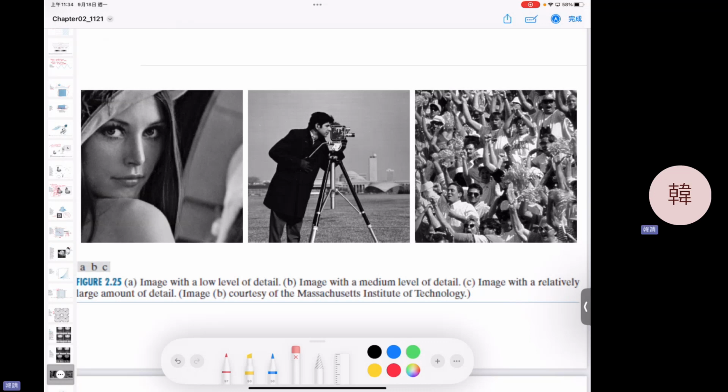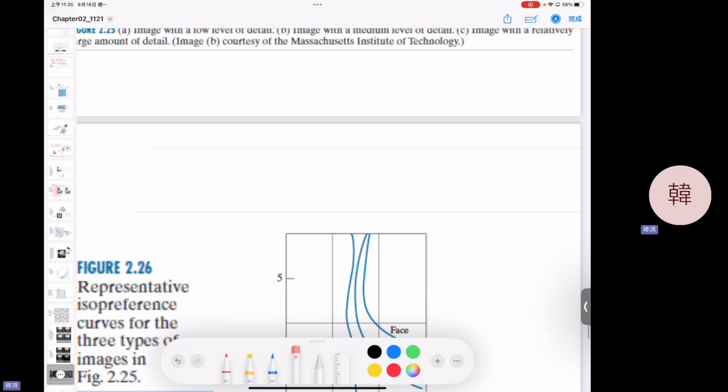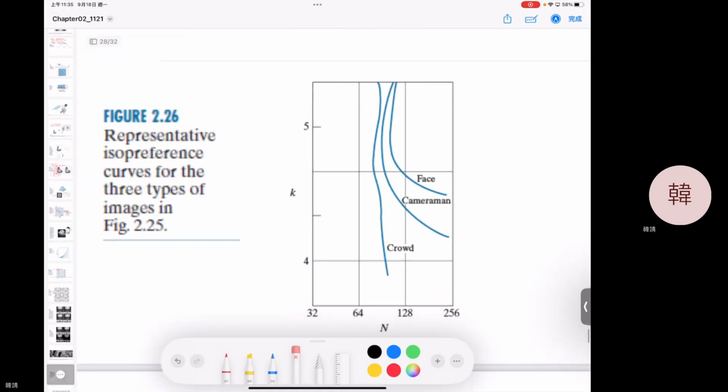They do the same on these 3 images separately, and ask people to see whether they are the same quality, or getting worse or better. After this experiment, they observed this result. We call it the representative isopreference curves for the 3 types of image.